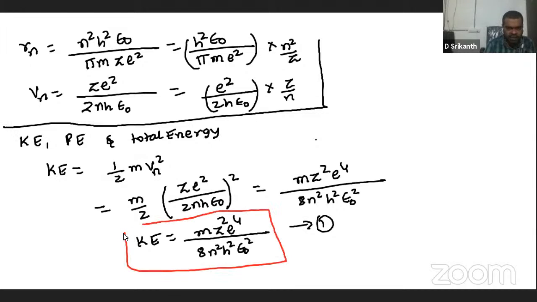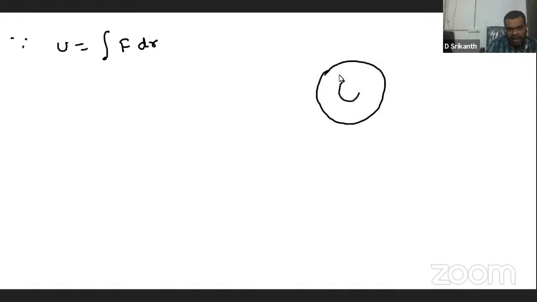Keep it in a box. Next I want to find the potential energy. Potential energy U is equal to integral F times dr. In Bohr's atomic model, we have a nucleus having a charge Ze, and we are considering an electron revolving around the nucleus in the nth orbit.